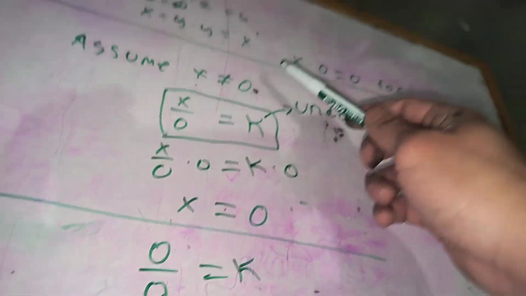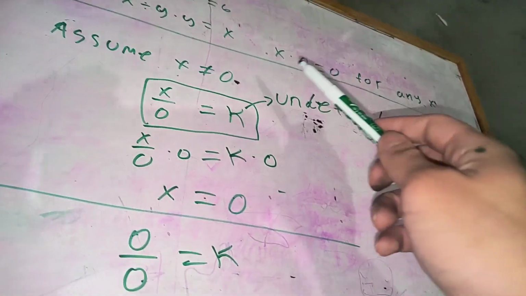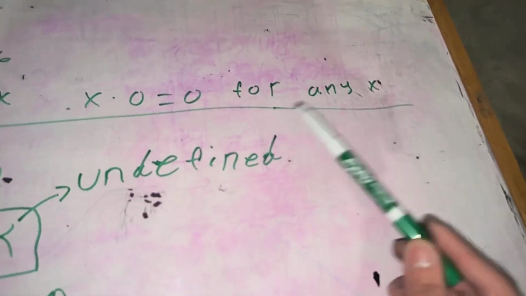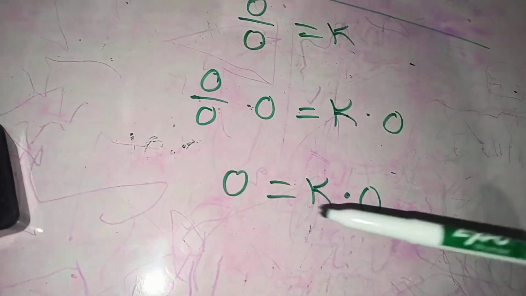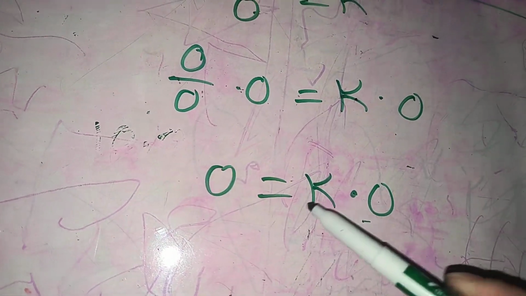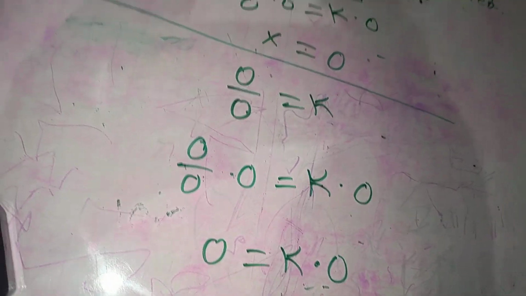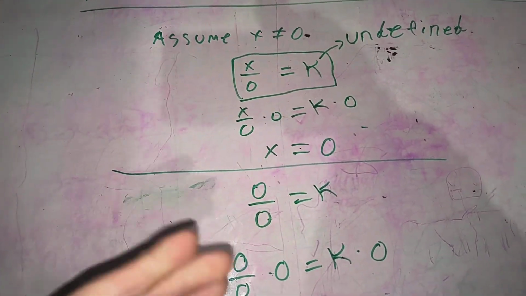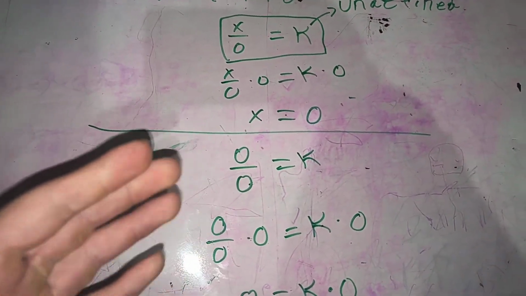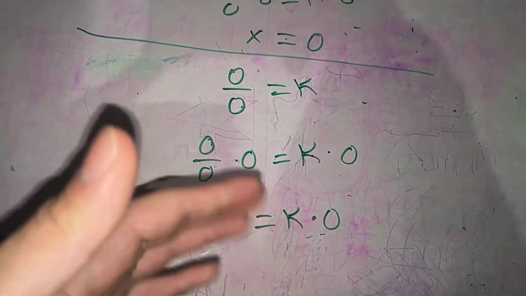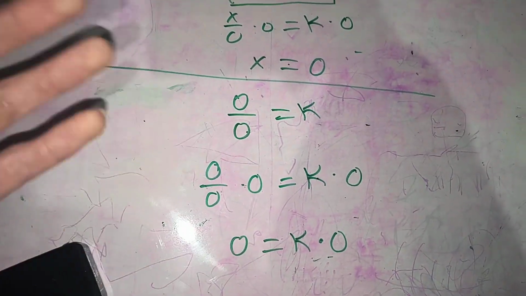And what we see is that we just got this expression, but this is true for any x. This is true for all x's. So this means that k could be anything. So we still didn't get any closer to finding what k is by using 0 divided by 0.